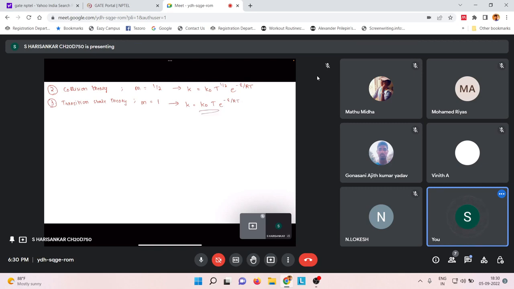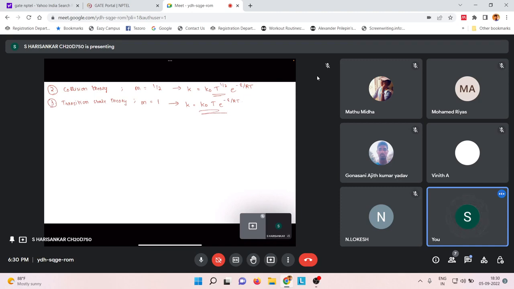Okay, yeah. So these are the three theories which tell us how the reaction rate constant is dependent on temperature. The most widely used one is the Arrhenius equation, but then the collision theory and transition state theory are also used in some cases.